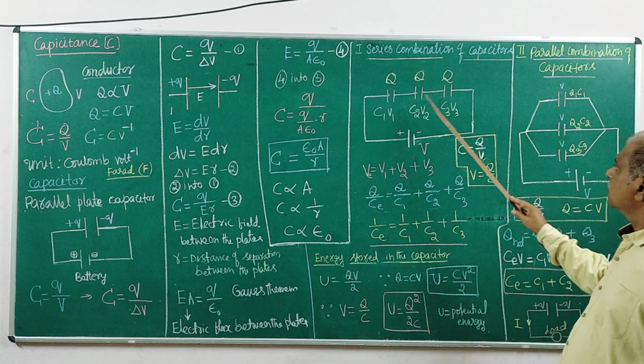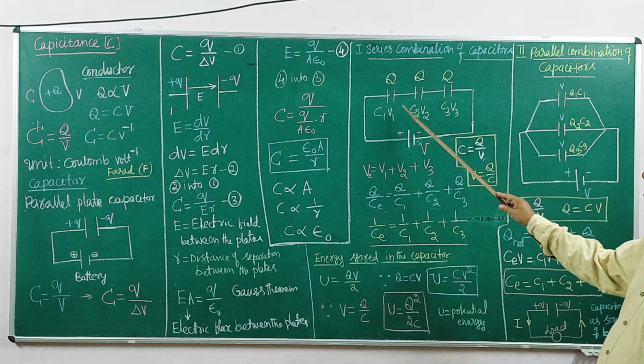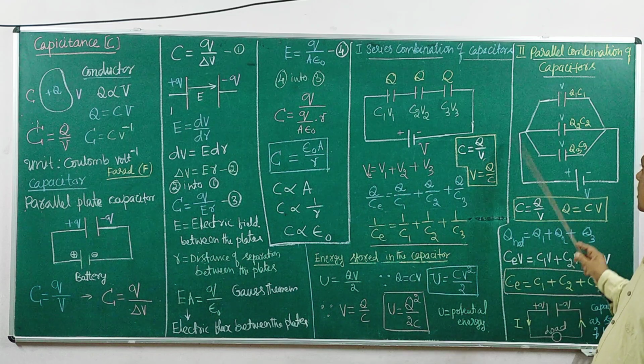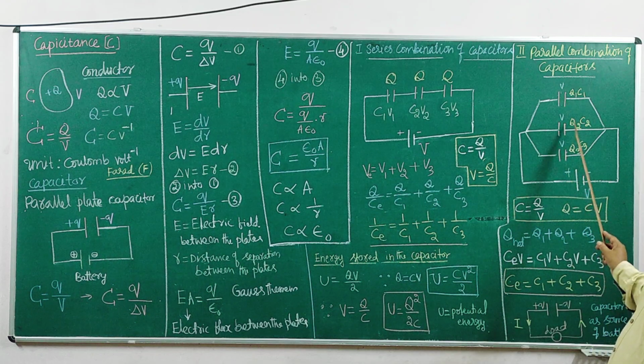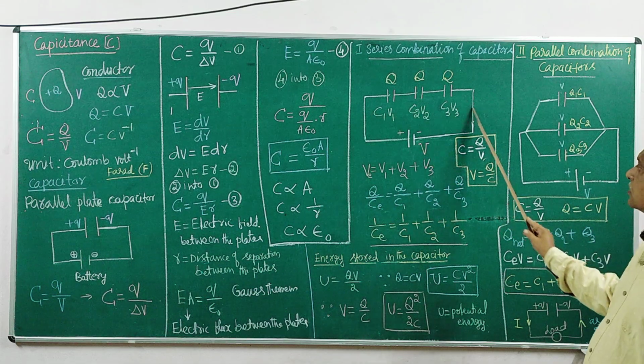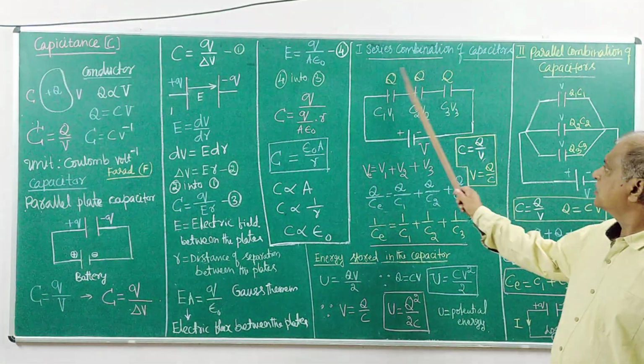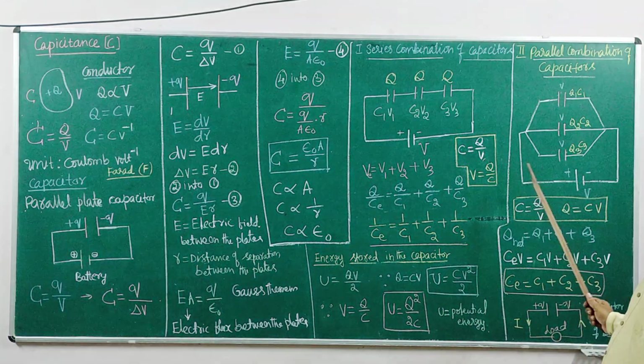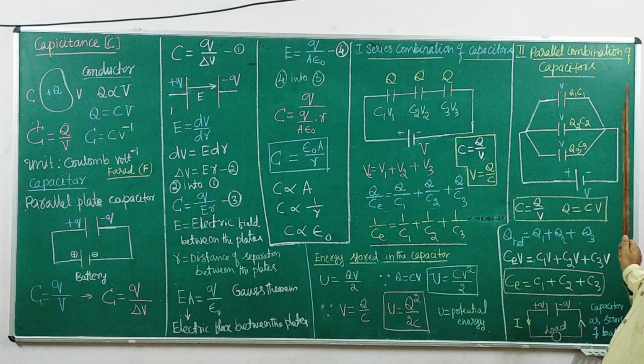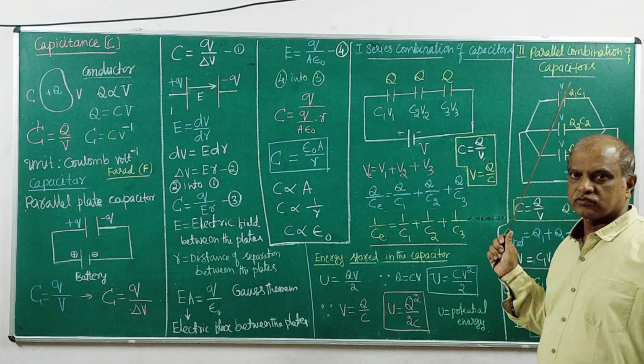The other fashion, with 3 or 4 or 10 capacitors, is parallel combination. If we do so, what is the net capacitance of this assembly? That we need to understand.